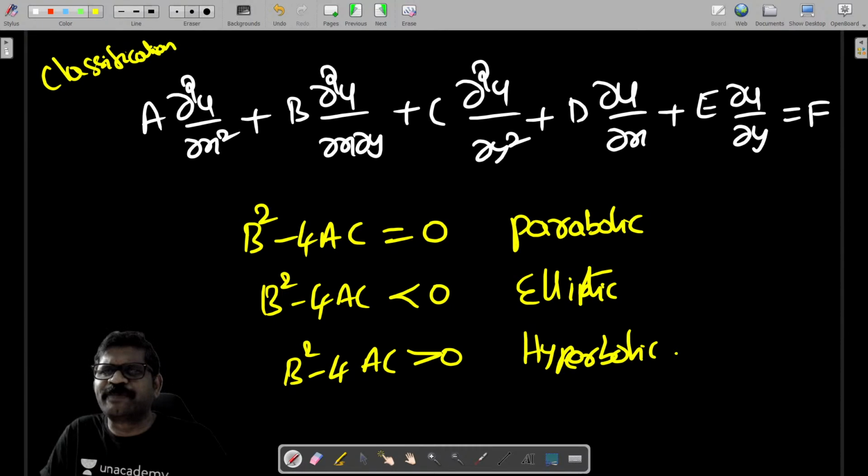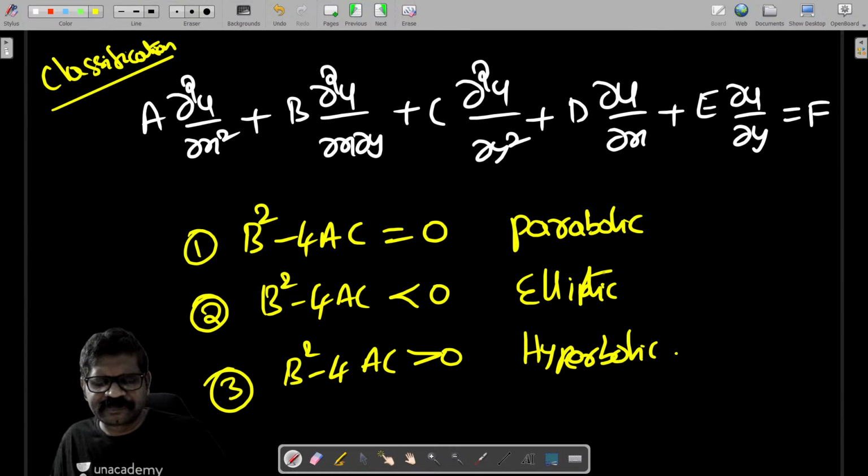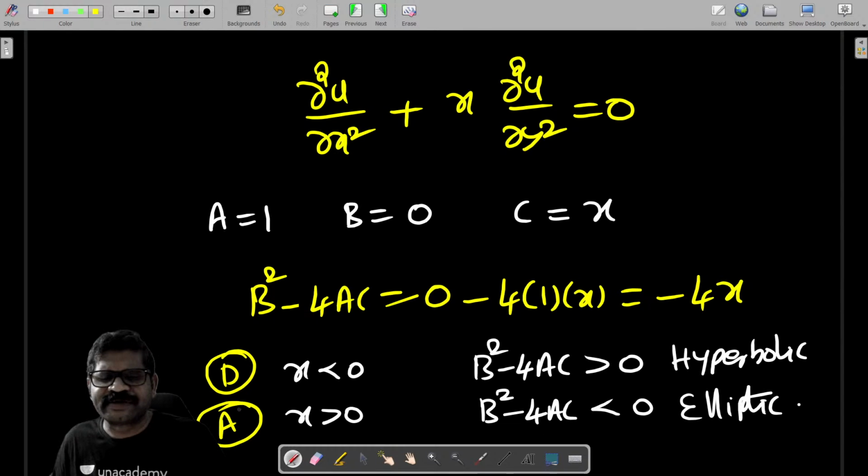B square minus 4AC equal to 0 parabolic, less than 0 elliptic, greater than 0 hyperbolic. Next. Here we have two cases. One is first option, another one is last option. A and D are found correct.